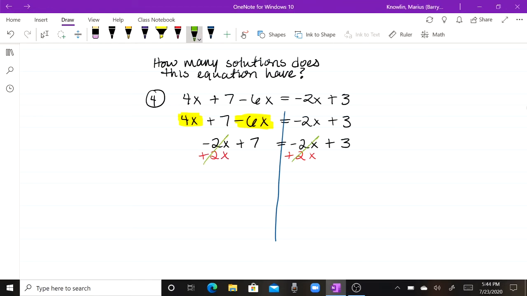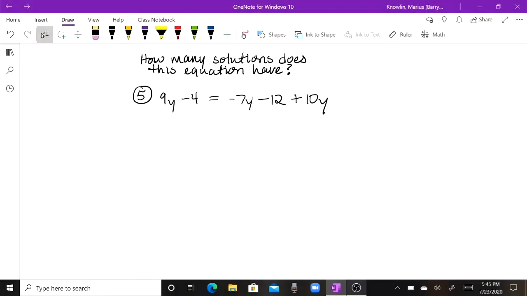The 2x's on both sides cancel out, and we're left with positive 7 equals positive 3. This is a not true statement because 7 will never be the same as 3, and which makes this no solutions.